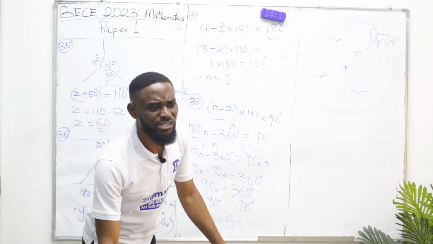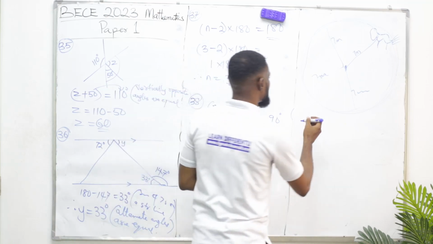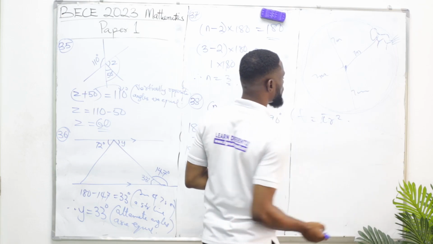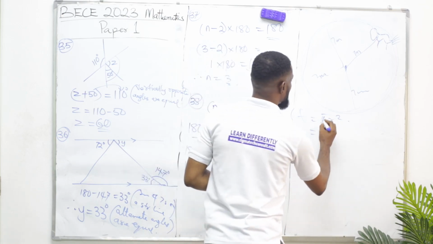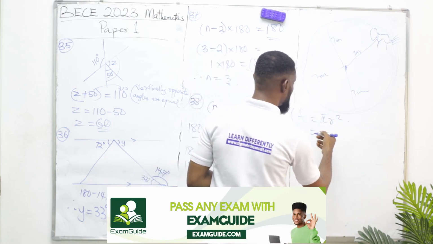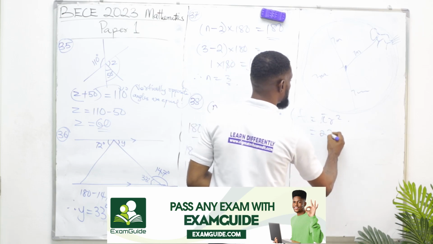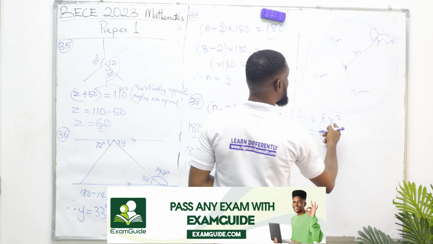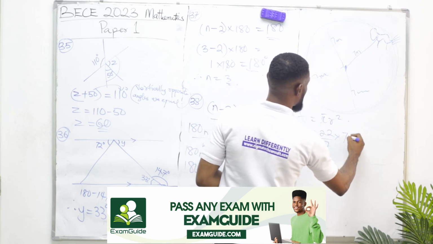So what is the area of a circle? Area of a circle is equal to pi r squared. Simple, right? They've given us pi to be 22/7, times the radius given, which is 7 times 7.